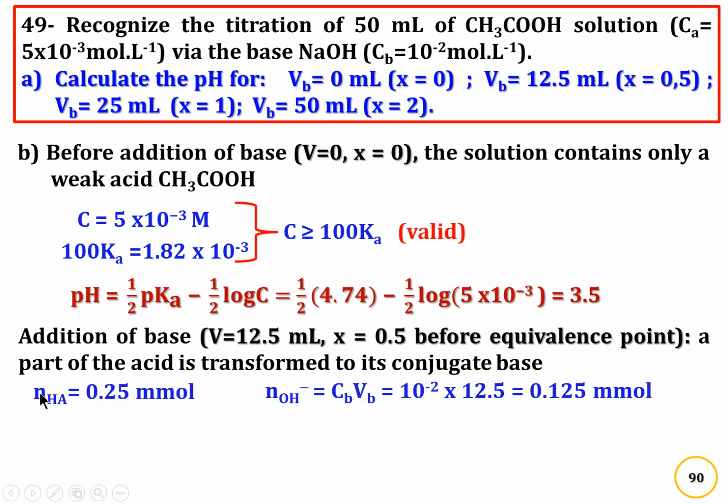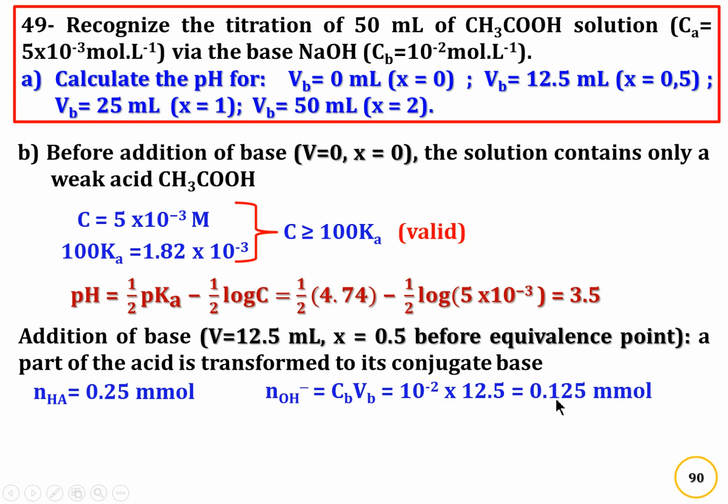The number of moles of the acid is equal to 0.25 millimole. That of the base added is equal to the concentration of the base times the volume added, which is 12.5.